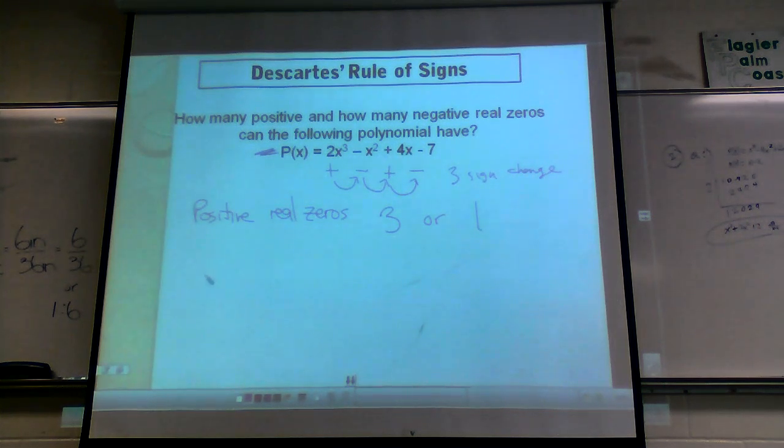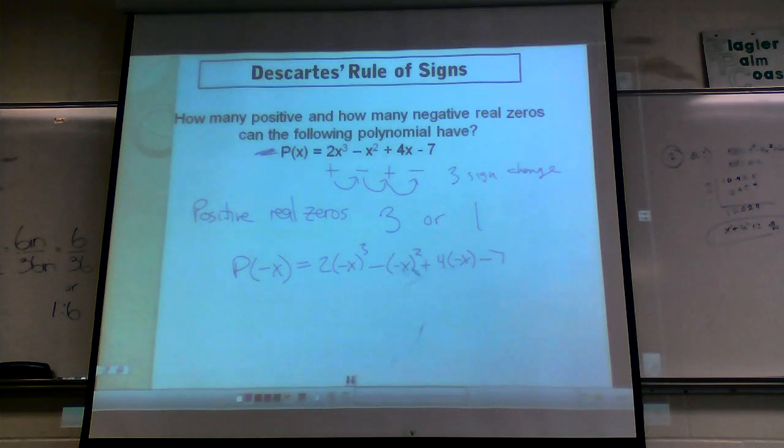Now for the negative ones, what you need to do is rewrite this so that you're plugging in a negative x and basically create a new polynomial. Take the original, plug in a negative x, and then simplify it.